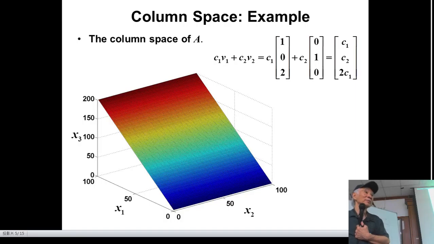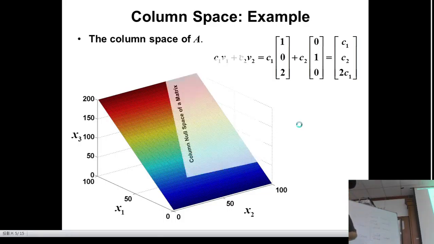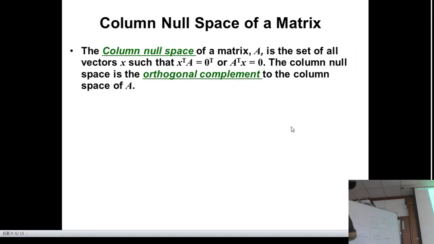That's no fun, right? You can move around in here, but you cannot go there. You can only go in this plane space. That's only 2-dimensional space, and this plane is infinite. It's not a finite space. All right, that's the example.